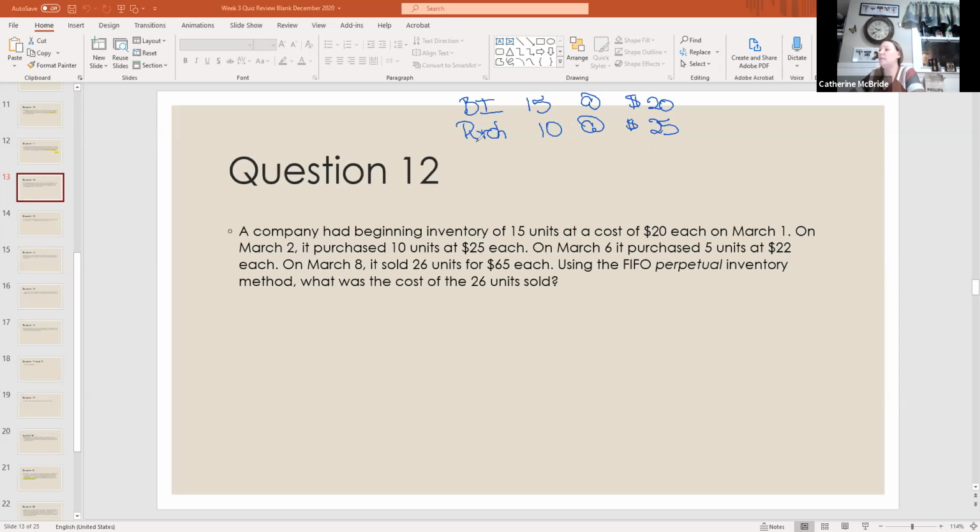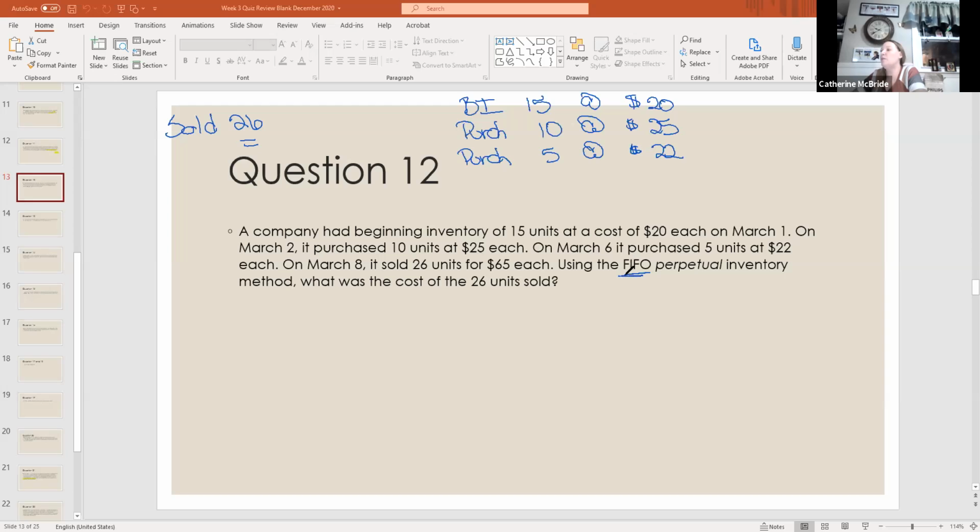On March 6th, they purchased 5 units at $22. On March 8th, we sold 26 units.